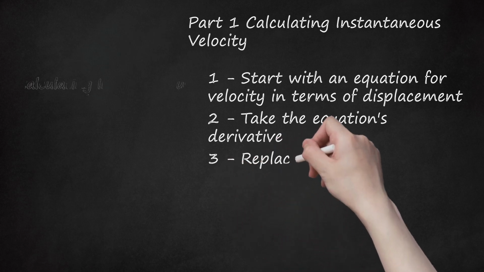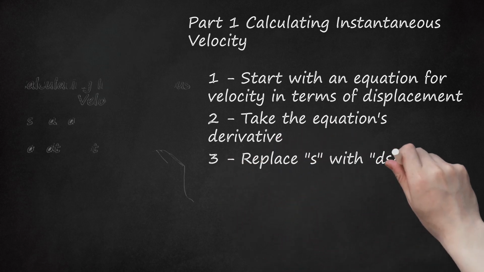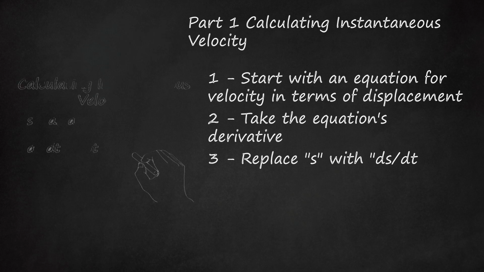3. Replace s with ds/dt. To show that our new equation is a derivative of the first one, we replace s with the notation ds/dt. Technically, this notation means the derivative of s with respect to t. A simpler way to think of this is just that ds/dt is the slope at any given point in the first equation.